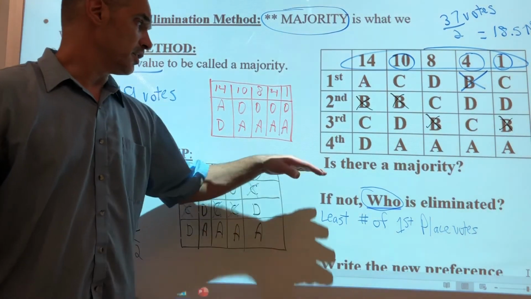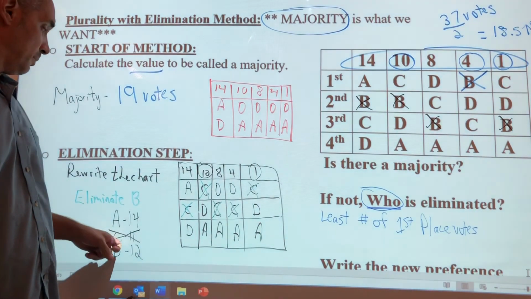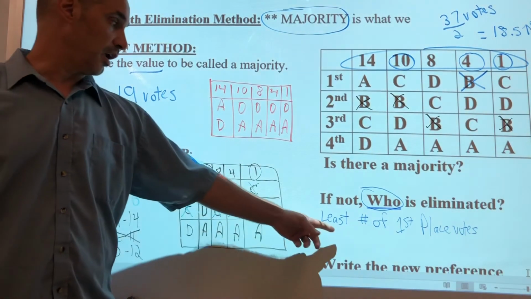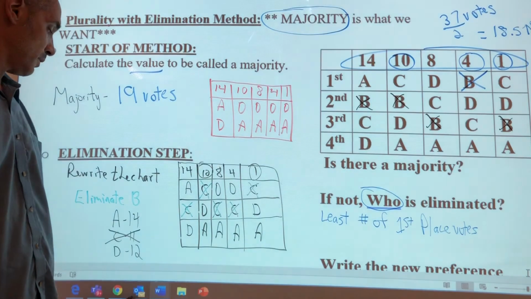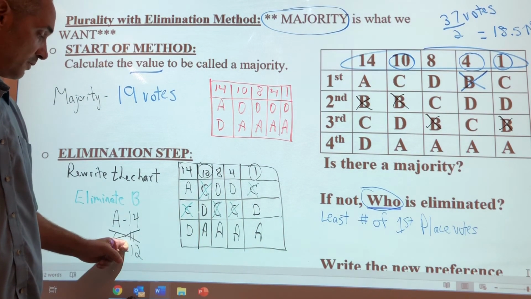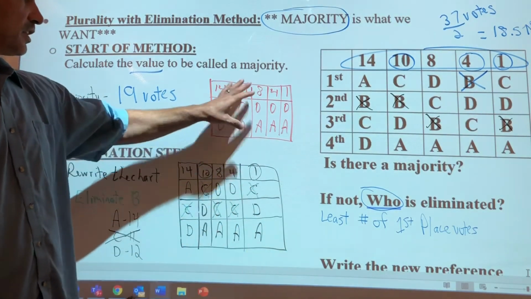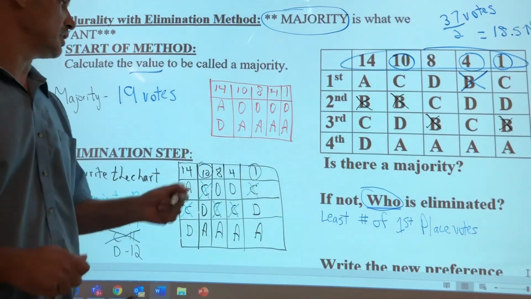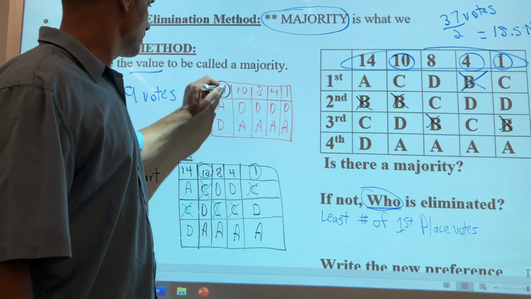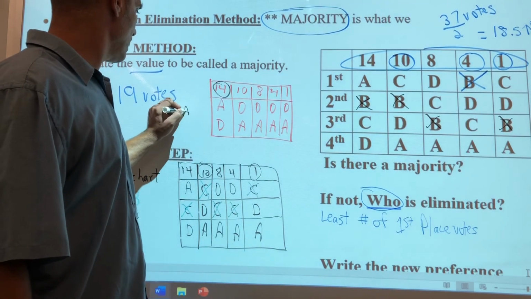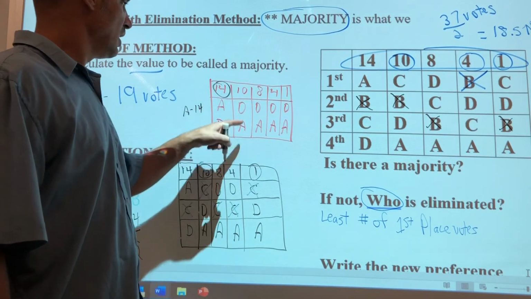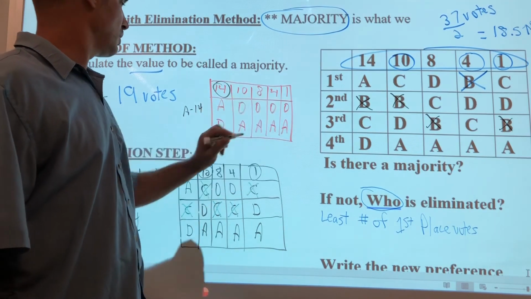All right, is there a majority? There was not. We eliminated C, right? If not, who's eliminated? We eliminated C because they had 11 first place votes and 14 and 12 were higher. We wrote a new preference table. Here it is. And so now we're going to count these. So A has 14 first place votes. And D has 10, 18, 22, 23.